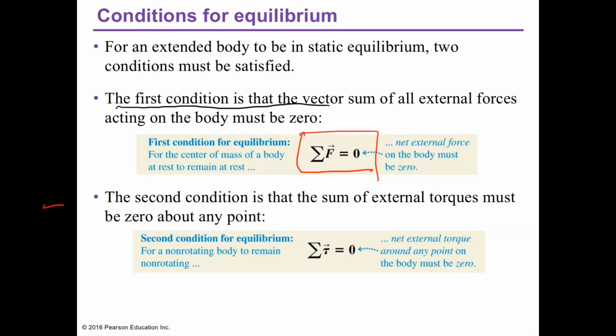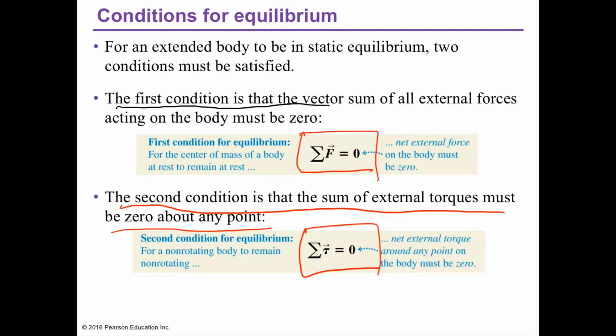That's the second condition. The sum of all the external torques must be zero about any point. So, different from considering a point object, when we're talking about an extended object, for it to be in equilibrium, the body must have no tendency to rotate.